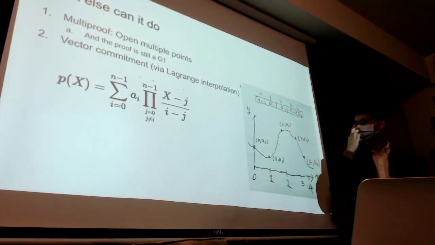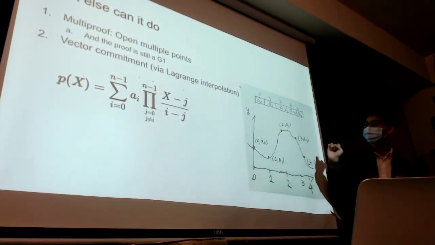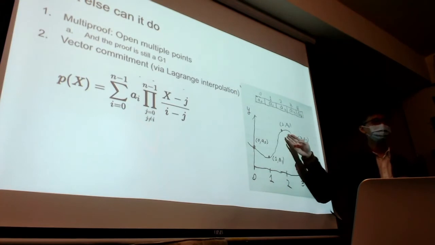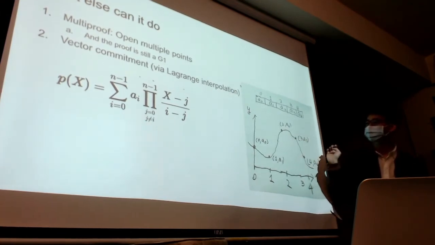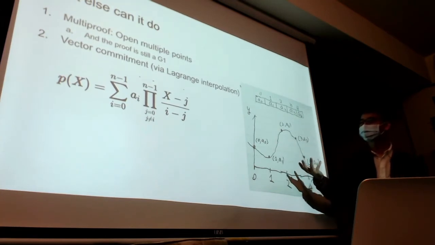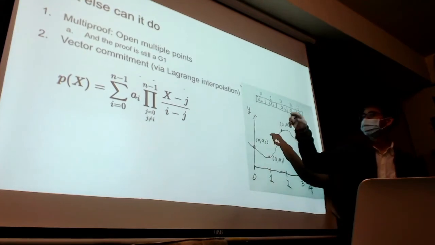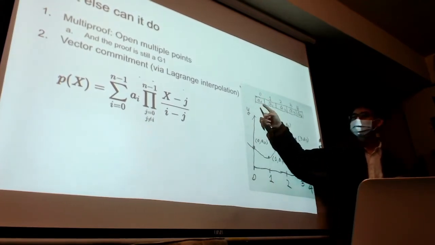And you can use Lagrange interpolation to interpolate this data to create a polynomial that represents this data. So this polynomial, when you evaluate at 0, you get A0.